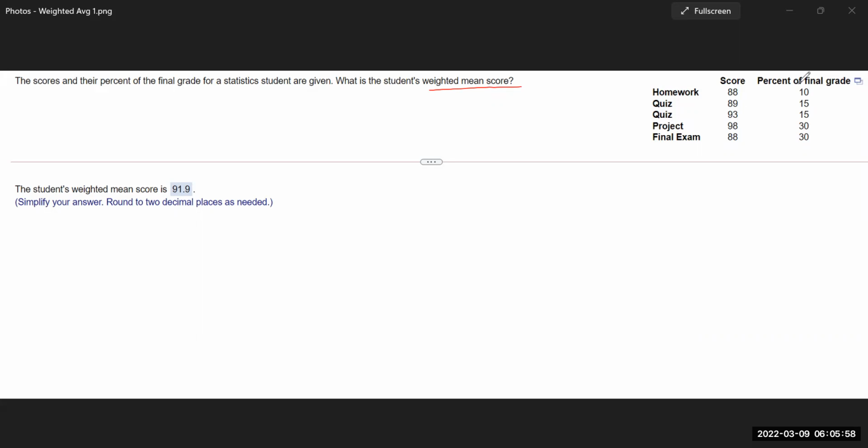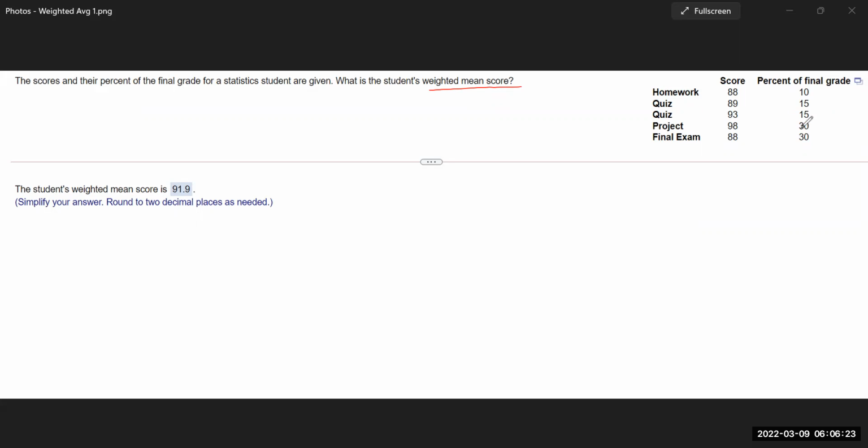Now, what these weights mean is that each of these has a different weight. So the impact of all these categories on your grade is different. For instance, if the final exam is weighted 30% and the project is weighted 30%, and you do better on the final and the project, you are more likely to pass the class.